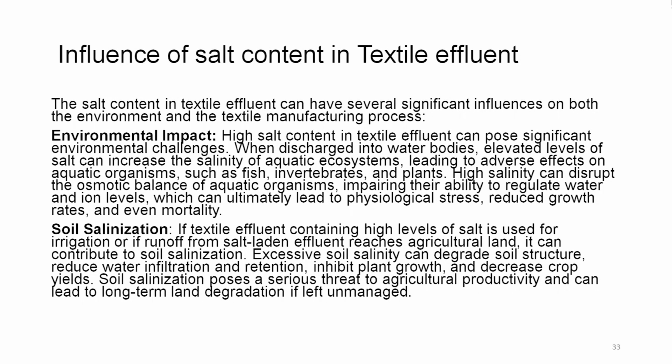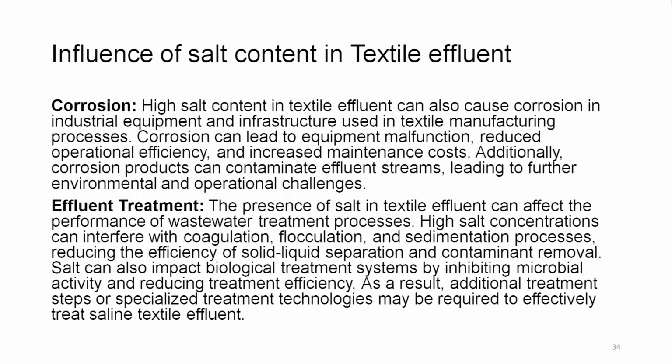Soil salination, we have already discussed that if it is too laden with salt, then the agricultural productivity gets affected. High salt content creates corrosion in the industrial equipment and infrastructure, and therefore, in the textile manufacturing processes, this becomes a serious problem.